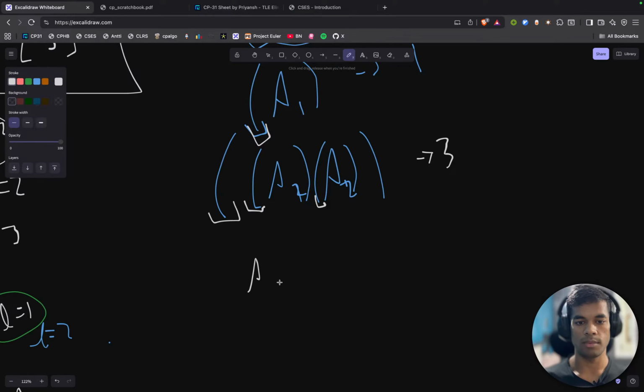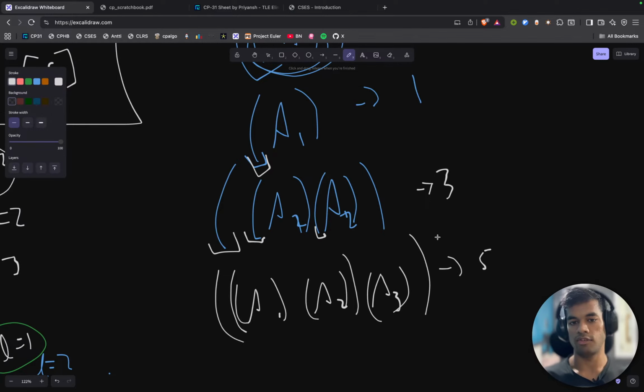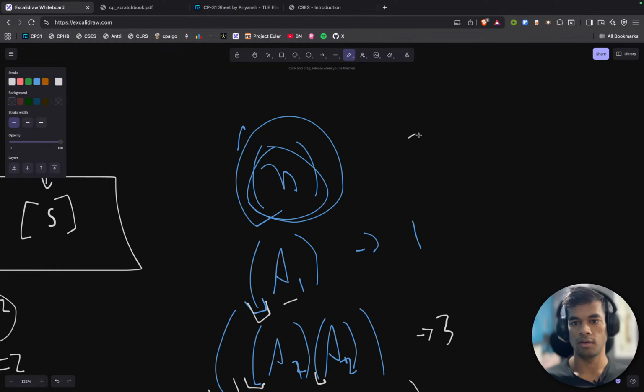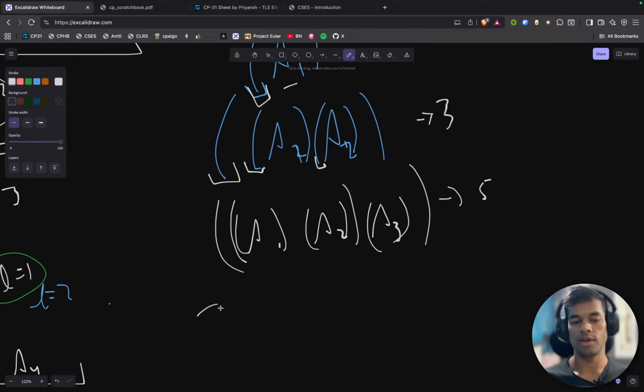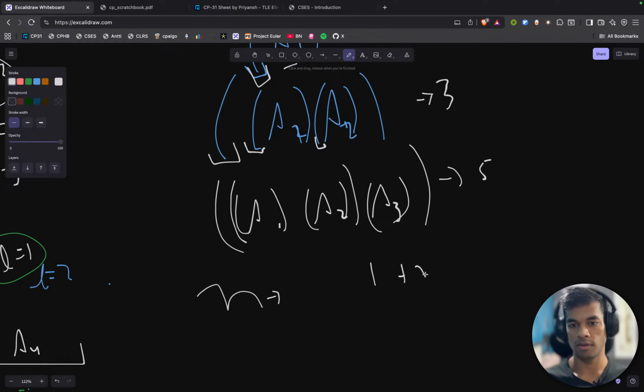And when we have three matrices, A1, A2, A3, how many do we have? One, two, three, four, somewhere in between, five. So five, it is being increased by two. So let fn represent the count: when we have n matrices, we will have 1 plus (n minus 1) times 2, I guess.